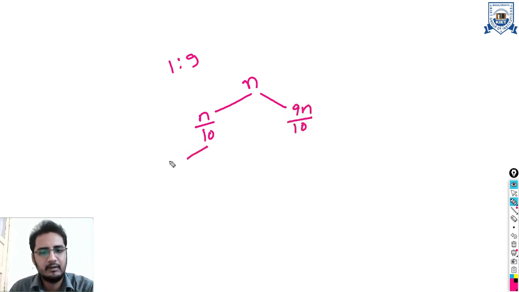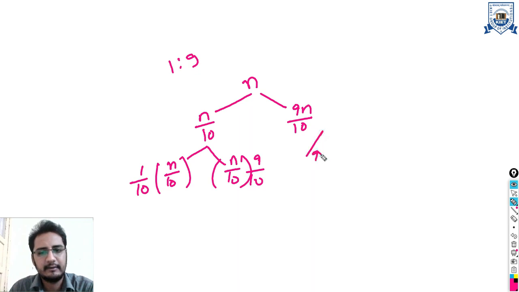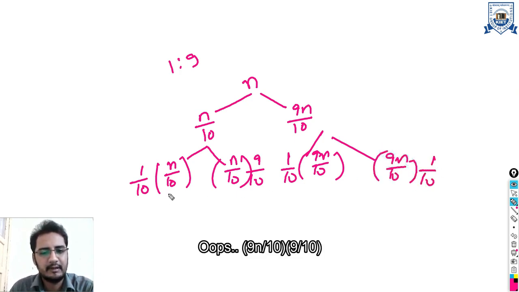Similarly, on the next step I am going to get n by 10 and 9n by 10, 9n by 10 and 1 by 10. Similarly, I will reach 1 and 1.